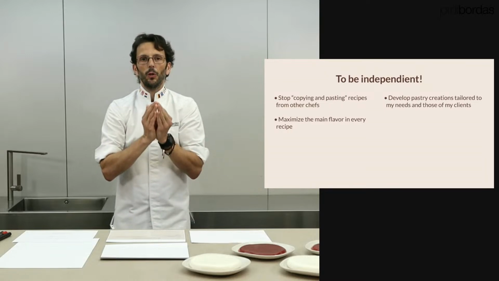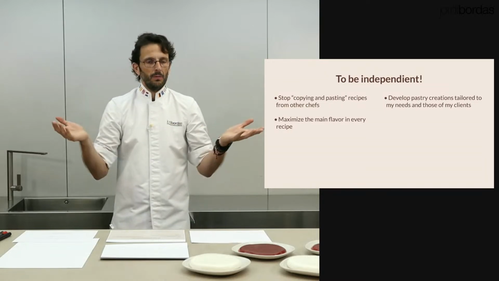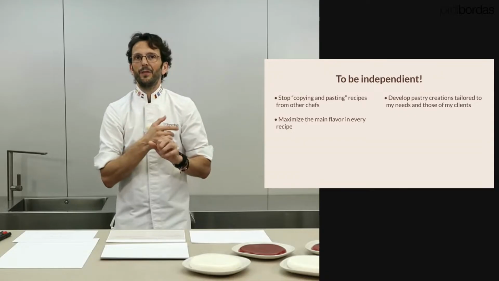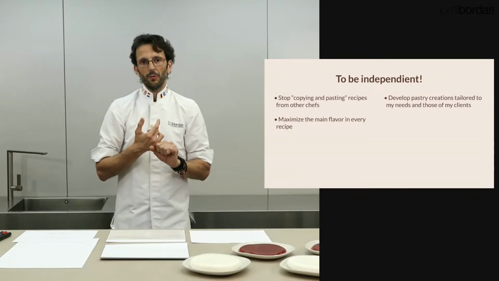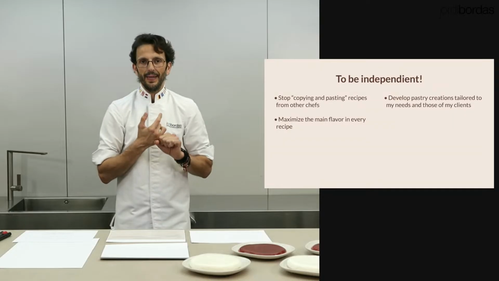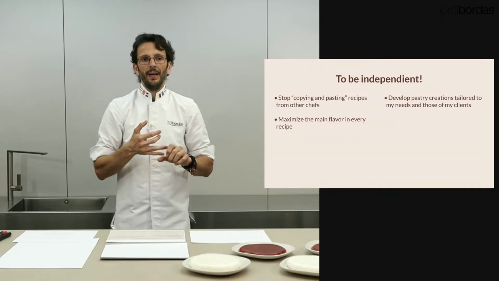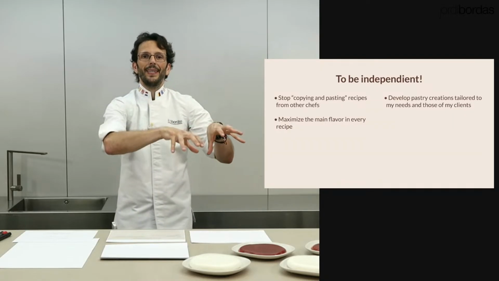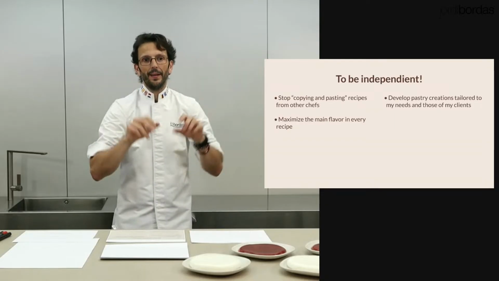If we are going to work with mango, for example, mango has enough sugar, so if we create a recipe with a big percentage of mango puree or mango fruit, we naturally already have sugars that are going to sweeten the recipe.